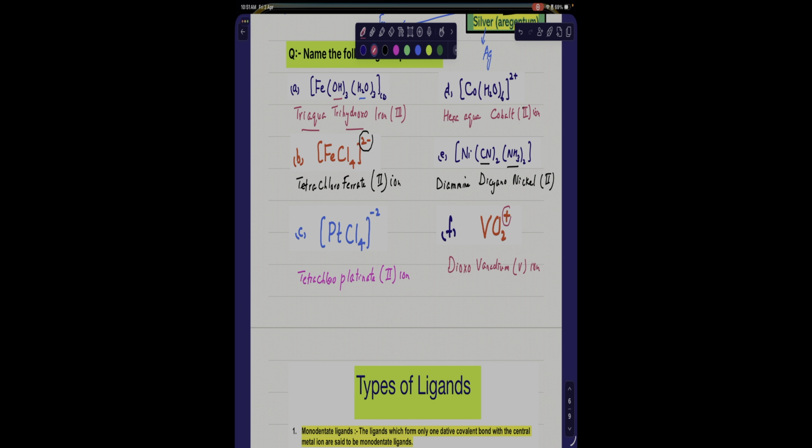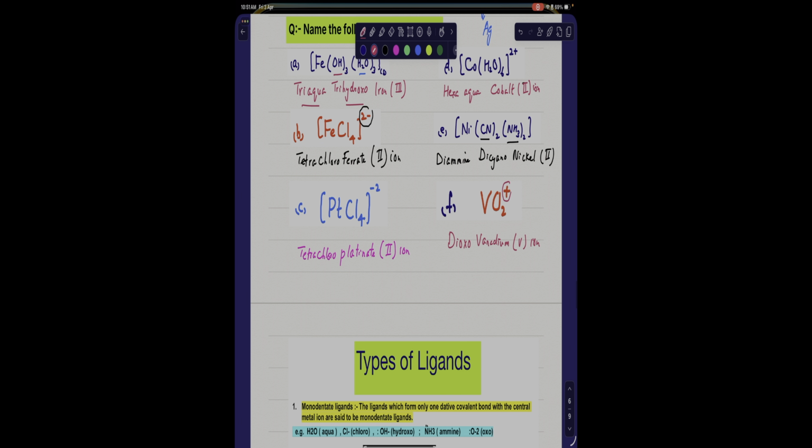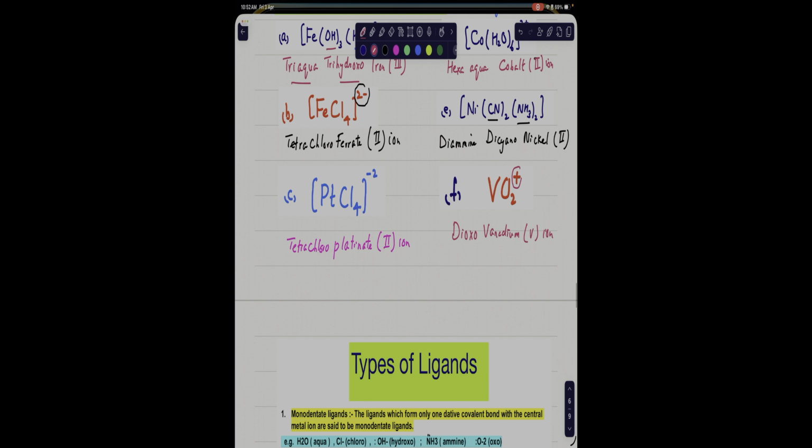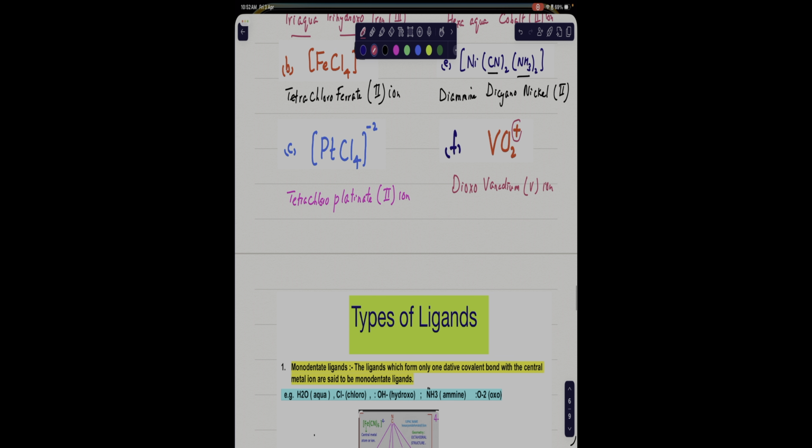In this part of the lesson, we are going to study different types of ligands. Ligands can be broadly divided into 3 categories mainly. The first category is called monodentate ligands. As you can see from the definition, monodentate ligands are the ligands which can form only one dative bond with a central metal ion, right?